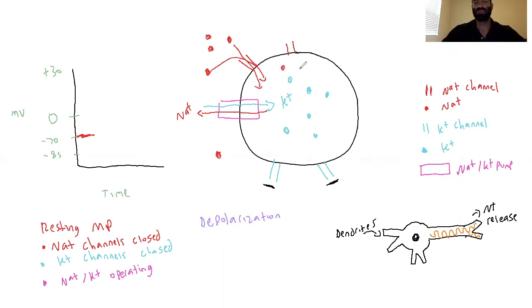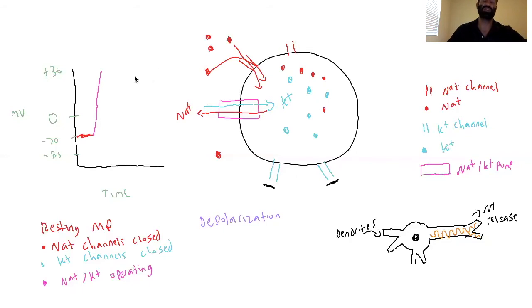Like this. Now we haven't lost any potassium ions, but we've gained sodium ions. Because of that, the cell membrane is now going to become positively charged compared to the outside environment. It's going to go up to 0, and then up to +30. We call that depolarization. The cell is now going to generate an electrical impulse.